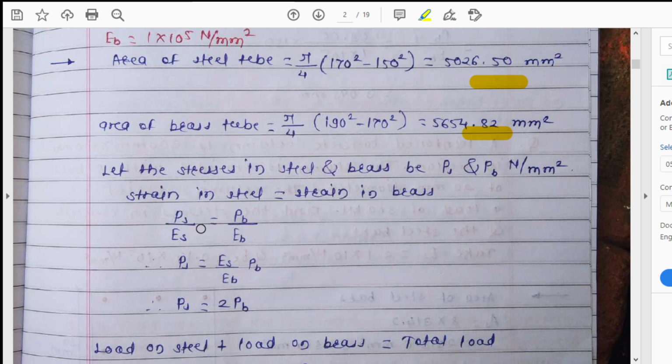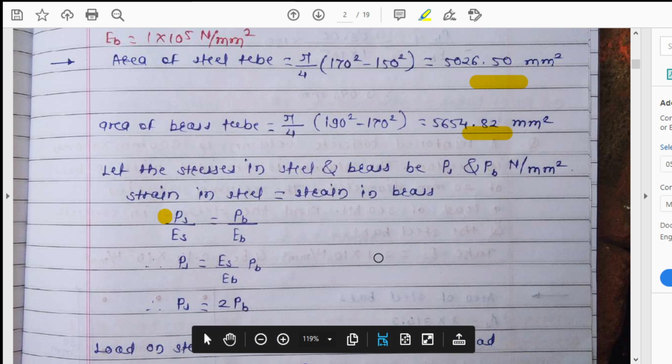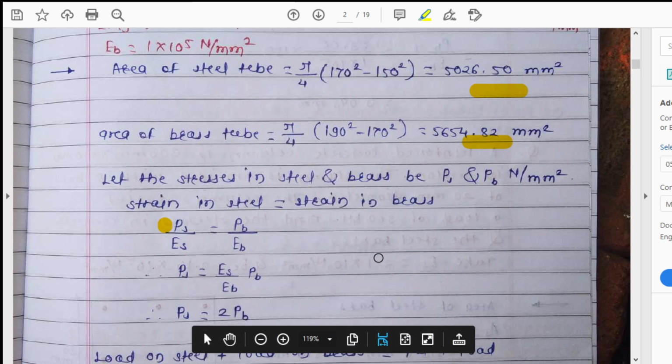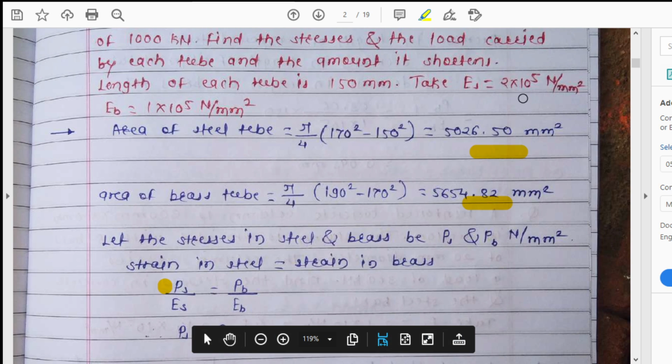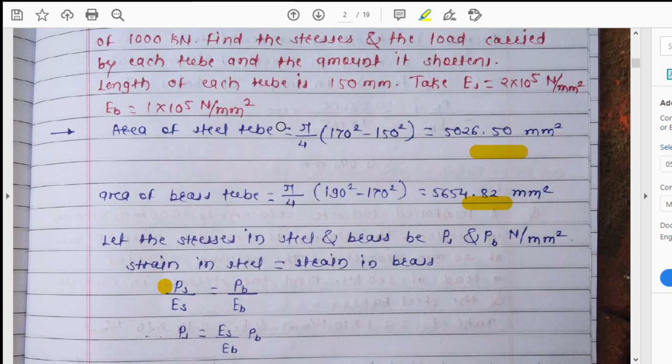So by using this, we'll find the value of PS as ES upon EB into PB. The value of ES and EB is 2 into 10 raised to 5 divided by 1 into 10 raised to 5. 10 raised to 5 will get cancelled and the remaining value is only 2.